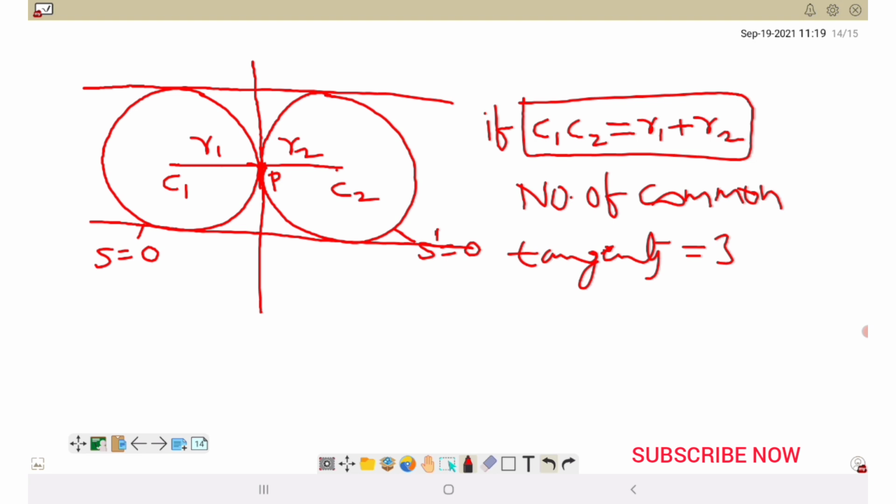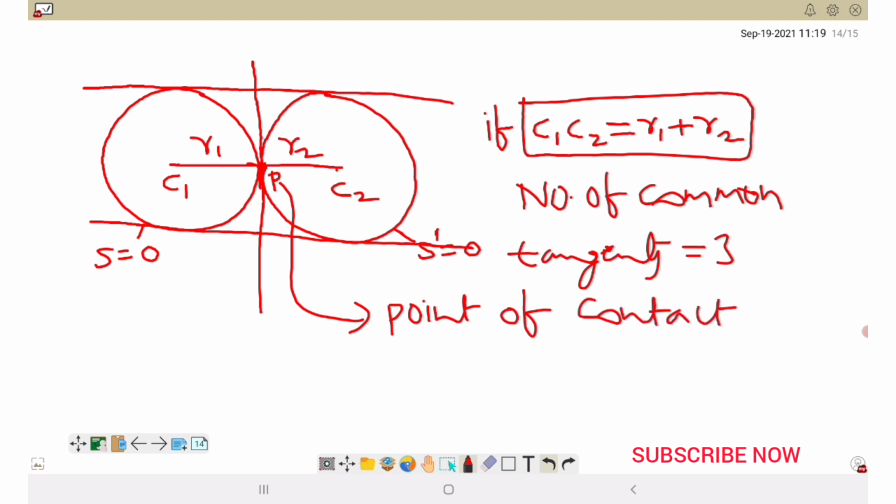Here the two circles touch each other at P. Here P is called the point of contact. Here P divides C1 C2 in the ratio R1 is to R2 internally.